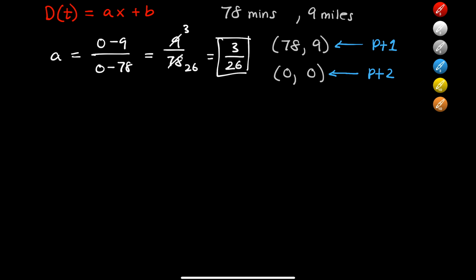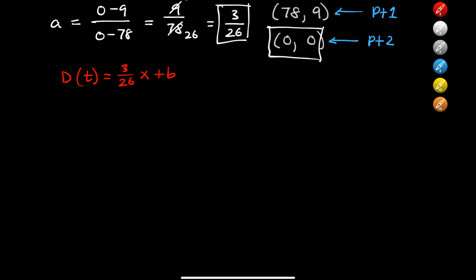So, plugging this into our d of t function, we would get 3 over 26 t plus b. But b in this case is 0 because our y-intercept is at the point 0, 0. So b would be 0, and then our final function would look like this. d of t is equal to 3 over 26 t.